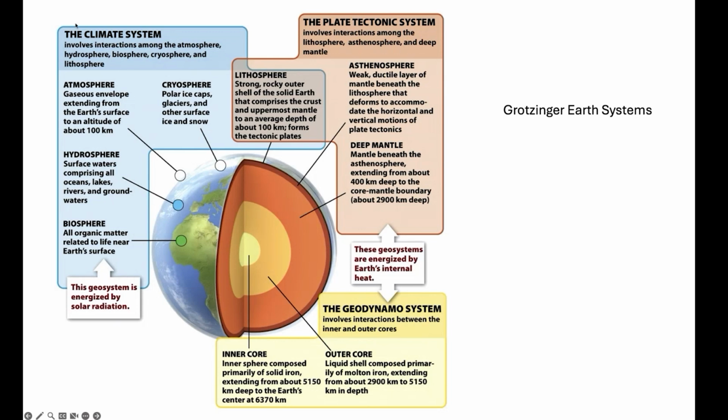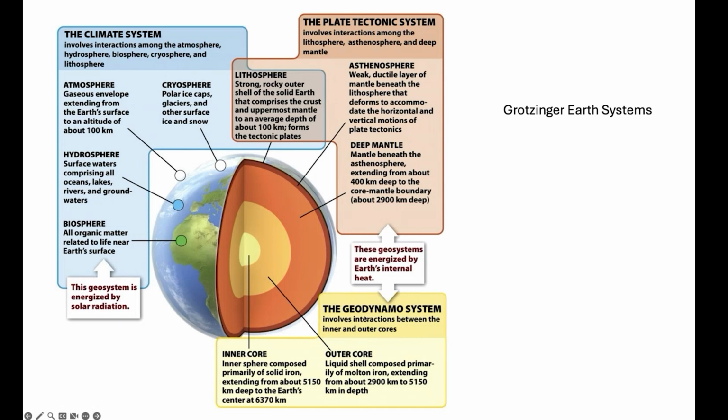The climate system includes, according to him, the atmosphere, the hydrosphere, the biosphere, and the cryosphere. The plate tectonic system involves interactions among the solid parts of the convecting Earth, the lithosphere, the asthenosphere, and the deep mantle. And he talks about those three.